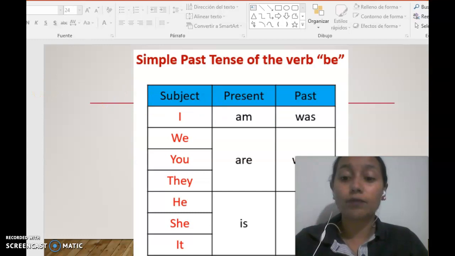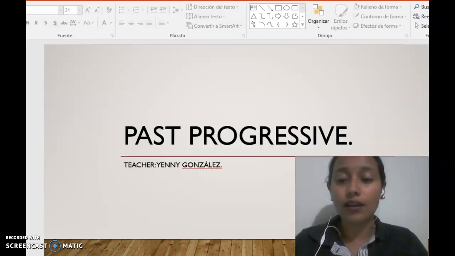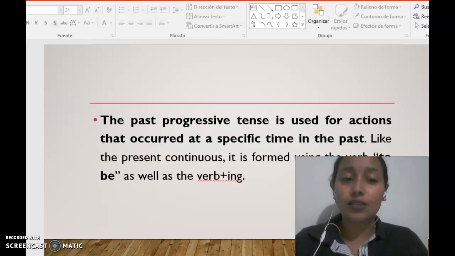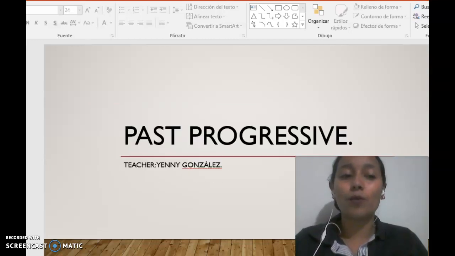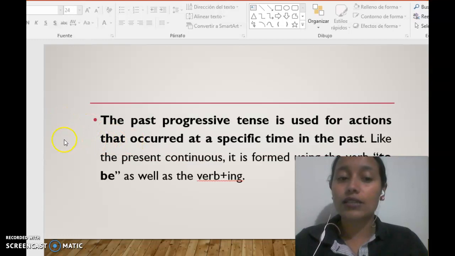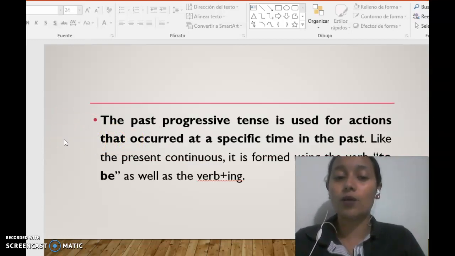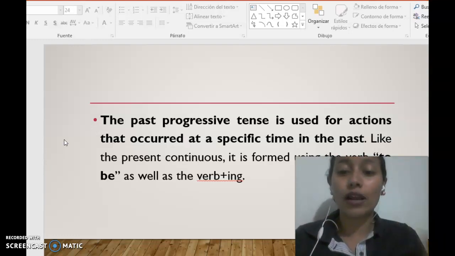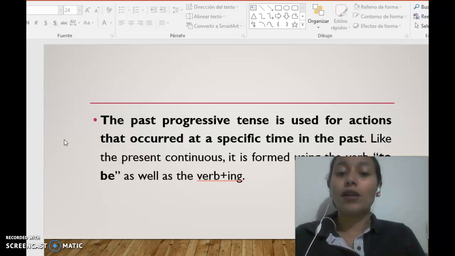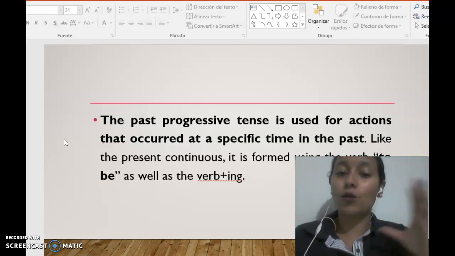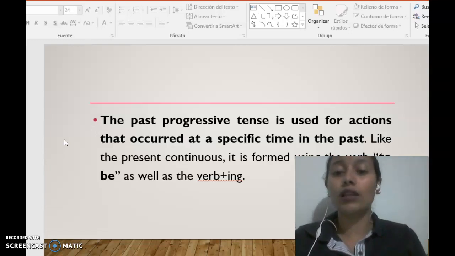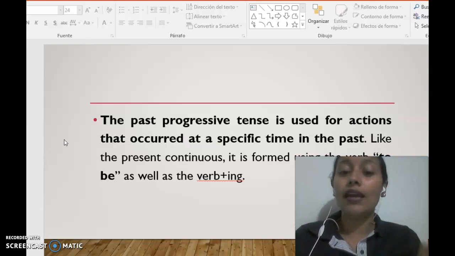Okay, guys, I am going to go back and I am going to explain a little bit in Spanish. Para la sesión de hoy vamos a hablar del pasado progresivo. Entonces, como ya lo mencioné en inglés, el pasado progresivo es utilizado para acciones que ocurrieron en un tiempo específico en el pasado. Así como en el presente continuo, el pasado progresivo está formado utilizando el verbo to be y el ing.